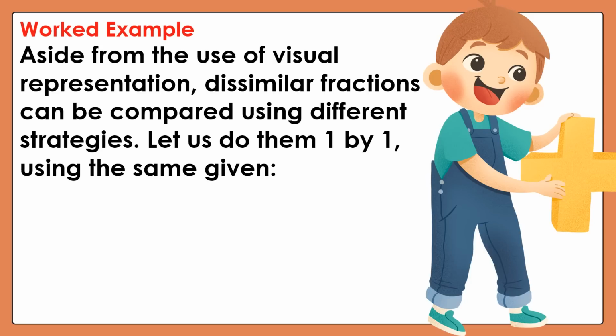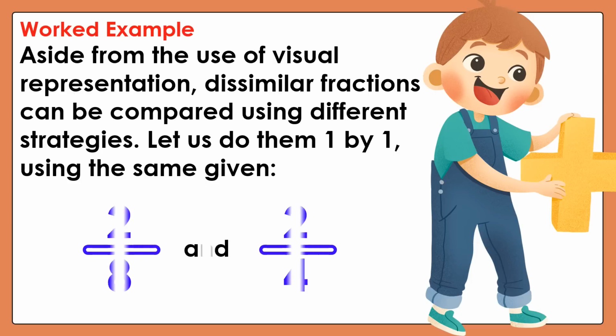Worked example: aside from the use of visual representation, dissimilar fractions can be compared using different strategies. Let us do them one by one using the same given: 2/8 and 2/4.